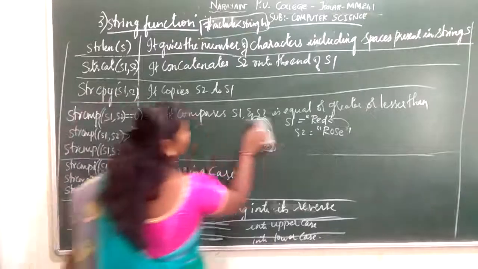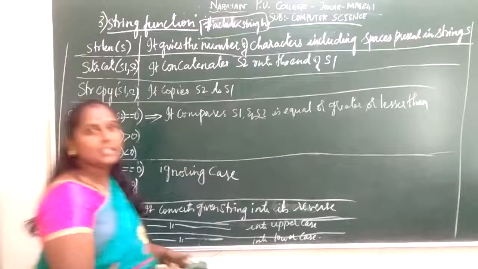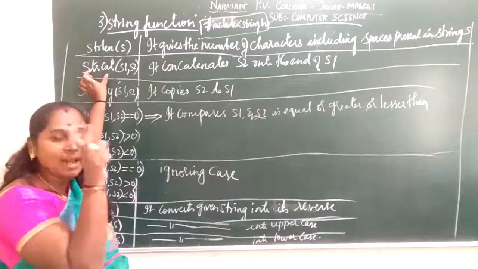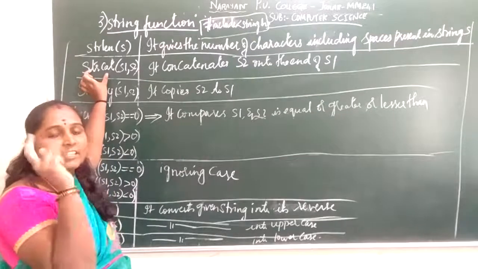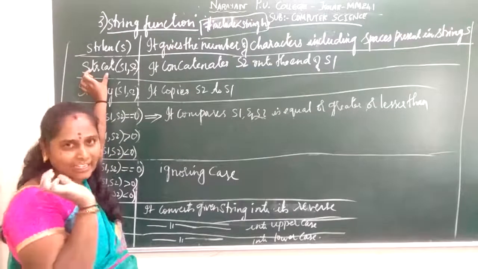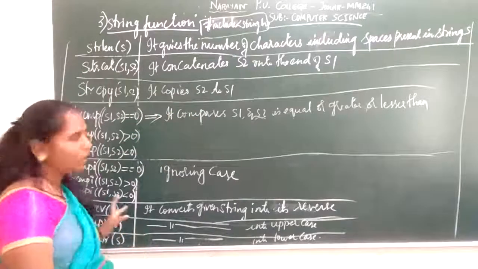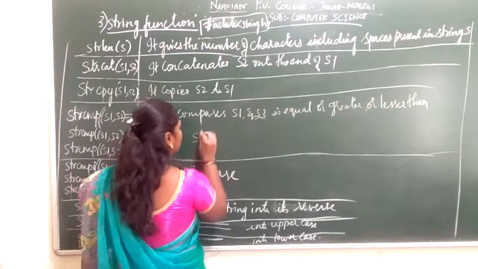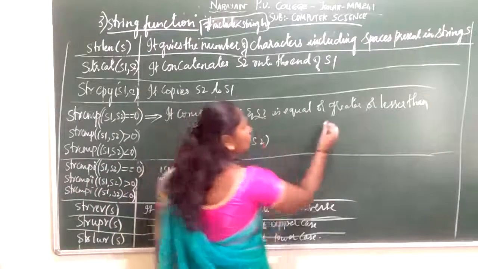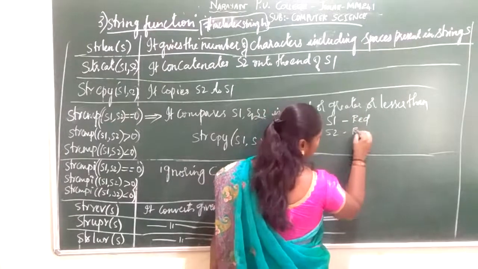Next, the third function is string copy. With strcat, you are appending or concatenating one string to the end of another string. String copy means it copies S2 to S1. Suppose strcpy S1 comma S2. S1 has red, and S2 has rows.